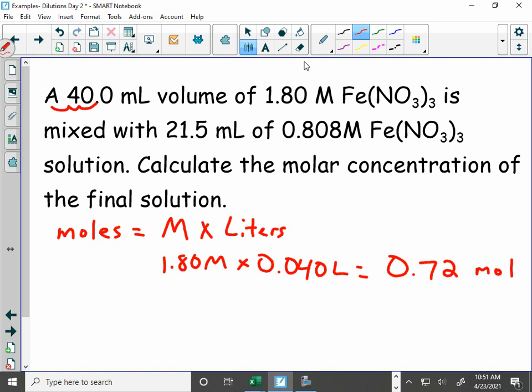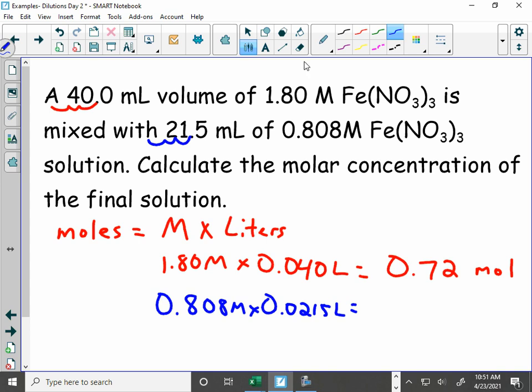Now I'm also going to calculate the number of moles for my second solution. So I'm going to take the 0.808 molar, and I'm going to multiply that by 0.0215 liters.